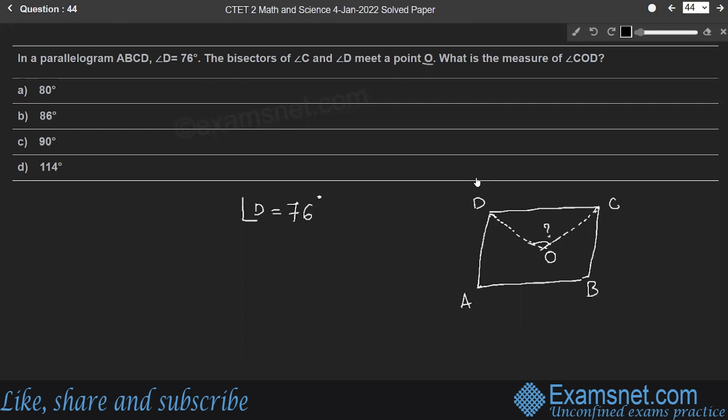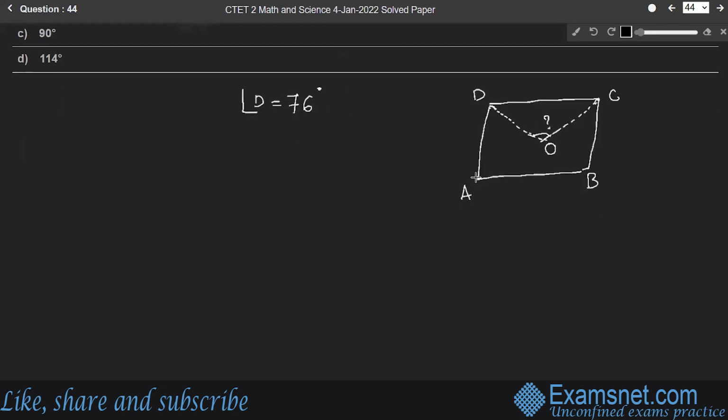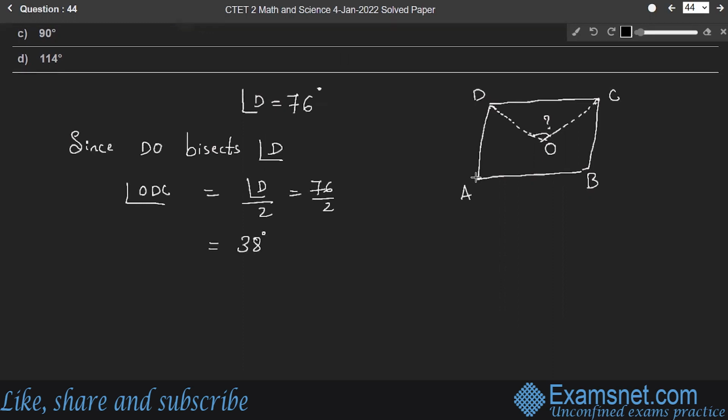Here, since DO bisects angle D, angle ODC is equal to angle D by 2, that is 76 by 2, which is 38 degrees, right?